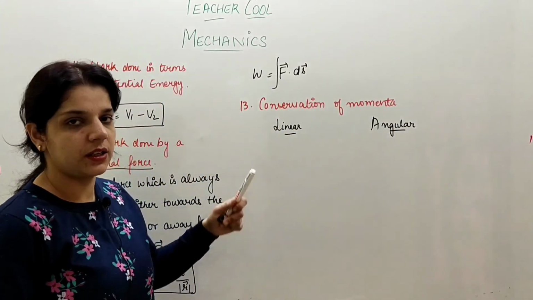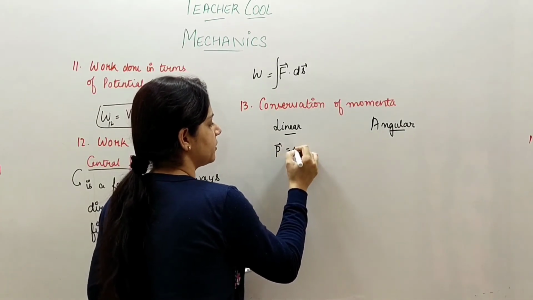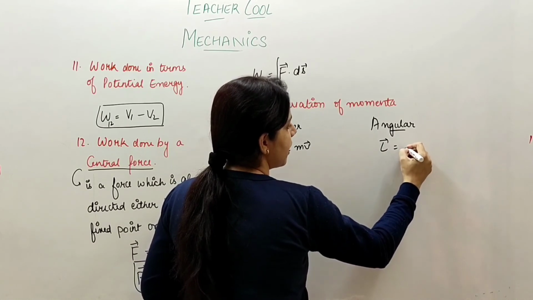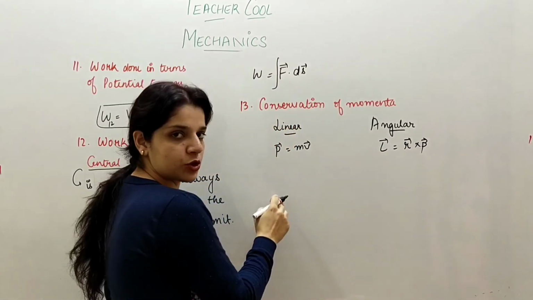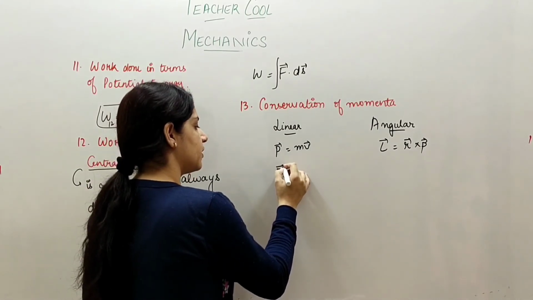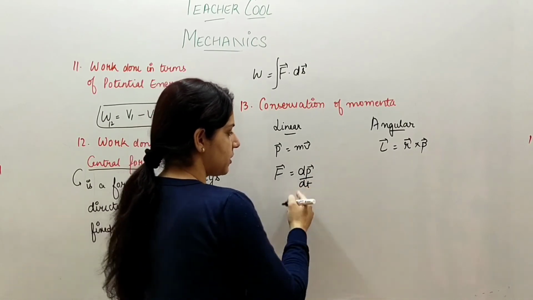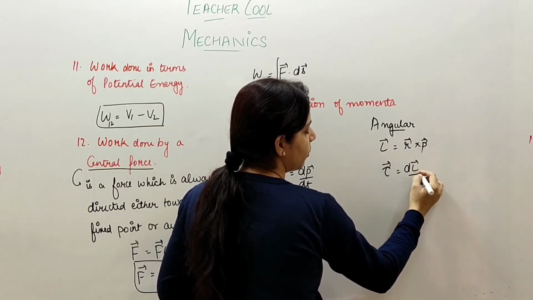If you know one technique, you already know the second technique. So my P vector over here is M into V vector. L vector is given as R vector cross P vector. In the linear motion, I know force vector is given as dP vector divided by dt. Similarly, here my torque will be given as dL vector over dt.